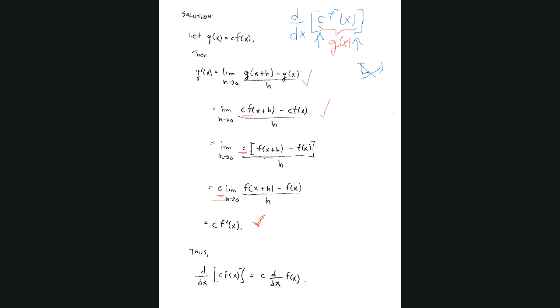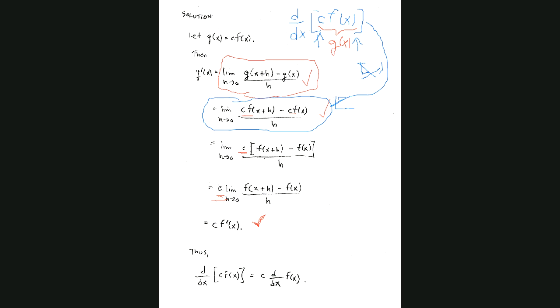That's all. I mean, I could have gone right to this step here. But it's a little nicer just letting the constant times f of x equal g of x. John, are you comfortable with that?